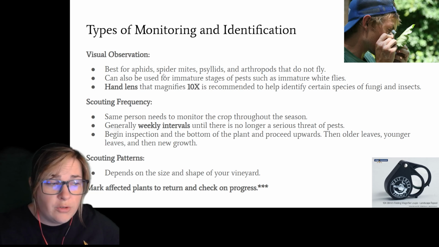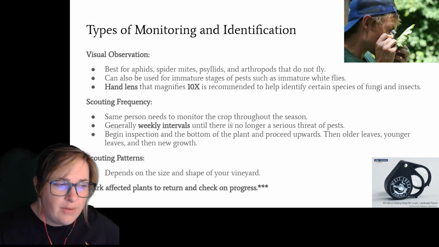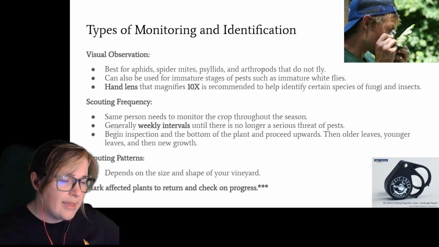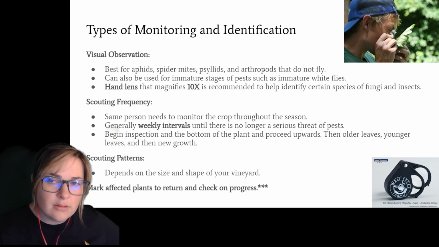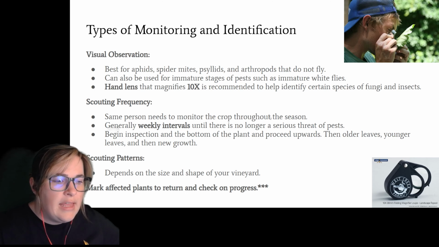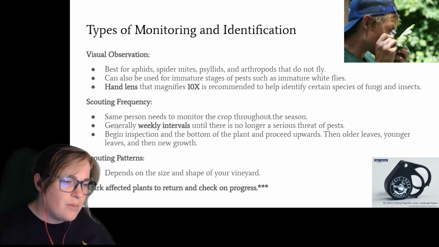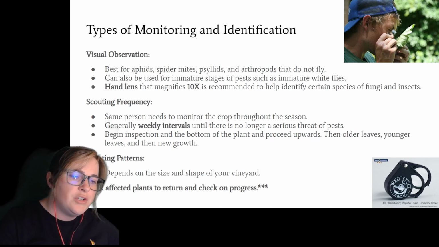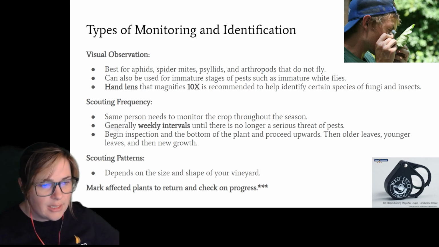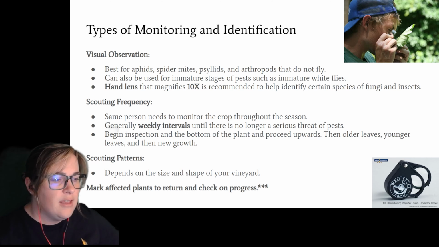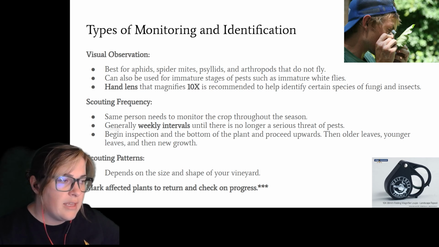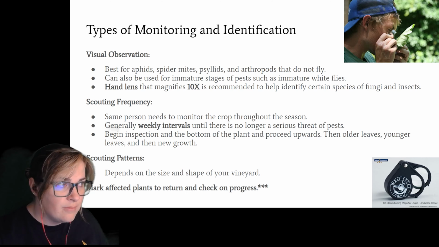Or I could say a true or false: visual observation is only effective for pests that generally do not fly. So that would be correct, right? Anytime that you have something that flies, you want to use that net that we talk about in a couple slides, but visual observation is just for the things that are crawling at that time, because if things are flying, it's really hard to tell the concentration of that pest when they're in motion, right?